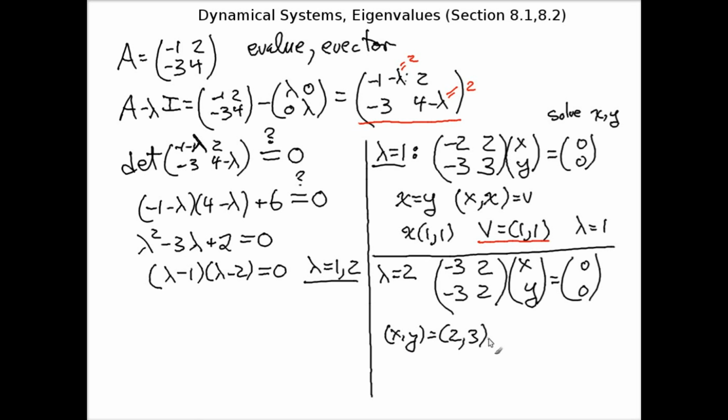So that's an eigenvector with eigenvalue 2. And just like before, xy I could have taken to be any multiple of this. I could have taken 2c, 3c for any c. But anyway, there's an eigenvector with eigenvalue 2, and there's an eigenvector with eigenvalue 1. All right, I think that's a good place to stop.